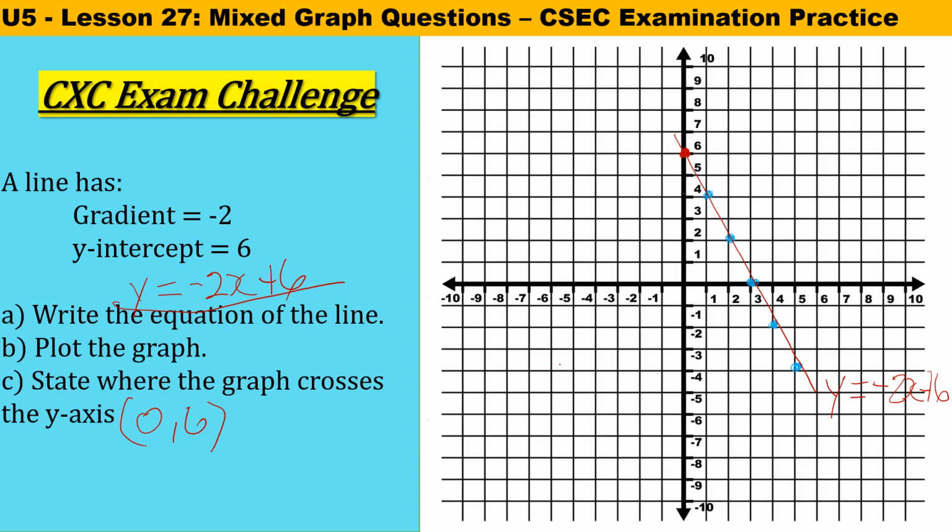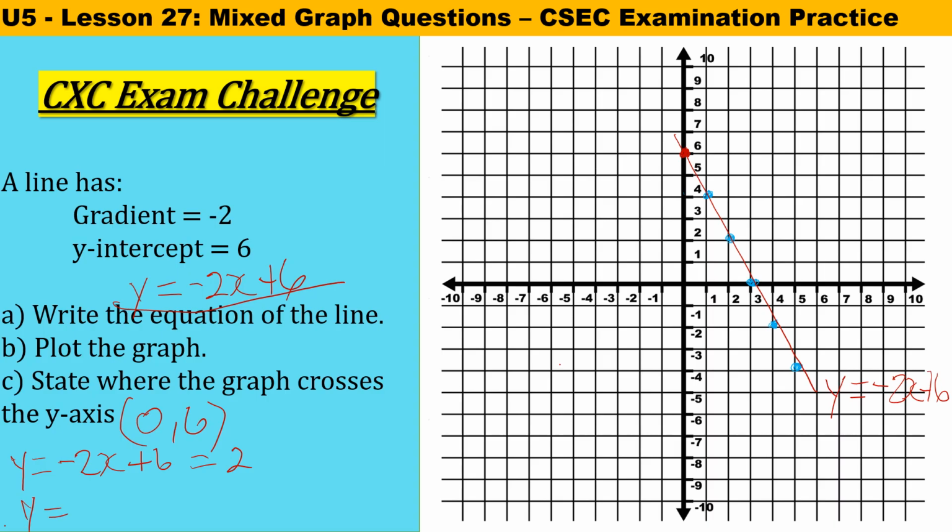Now, to prove that this is correct, you simply take a point from your graph and plug it into your equation. So let's take (2, 2). So when x is 2, y equals 2. It means that y = -2x + 6 is going to equal 2. Let's plug in our x value, which is also 2.